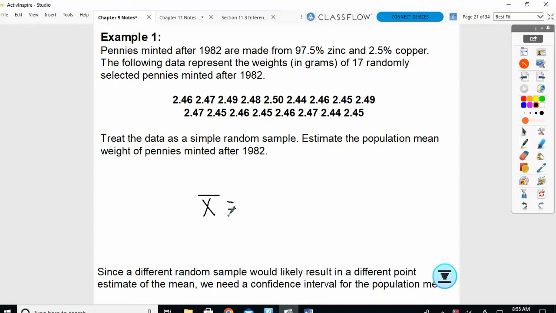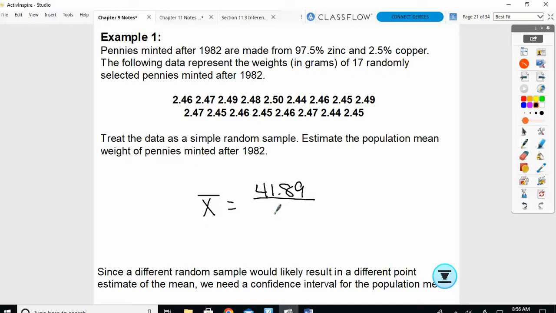All right, add those numbers up. What does it add up to? 41.81.